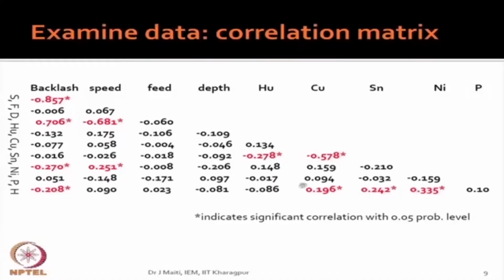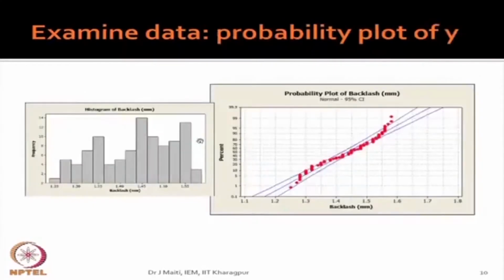At this point in time, there are certain independent variables which are contributing towards backlash, the dependent variable. So, our aim is to go for multiple regression, correct.